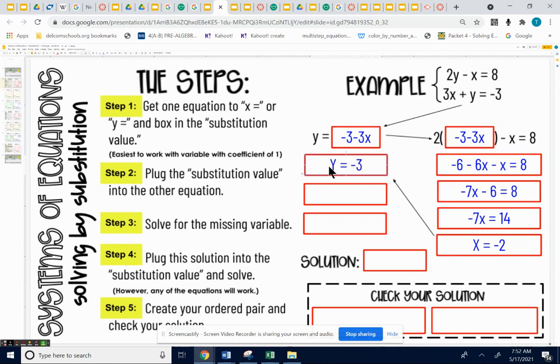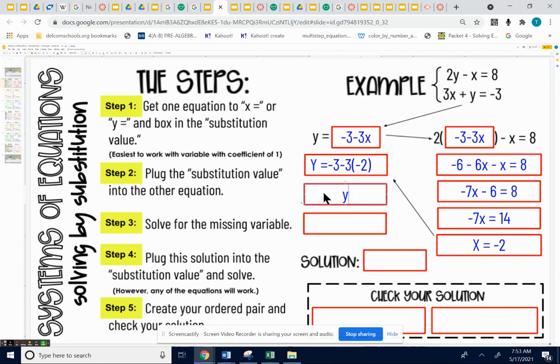I'm going to put negative 2 in for x. So I get y equals negative 3 minus 3 times negative 2. I need to multiply the 3 and the negative 2 together first. That's positive 6.